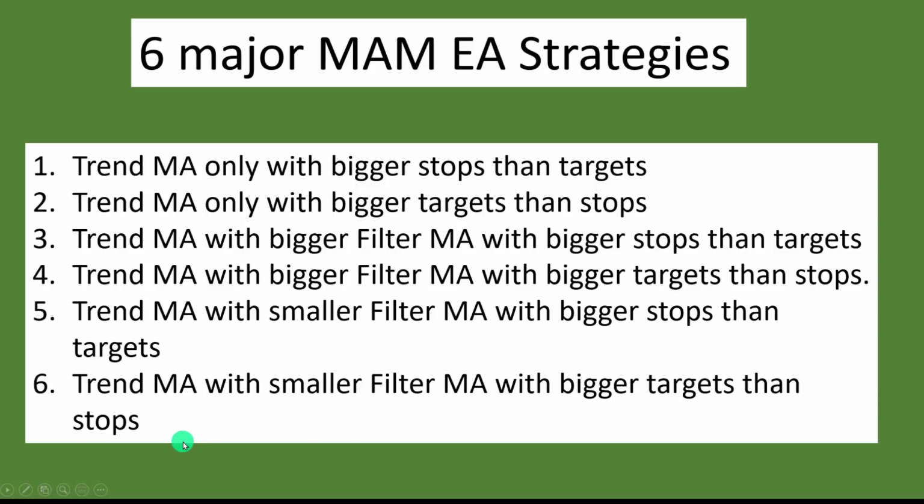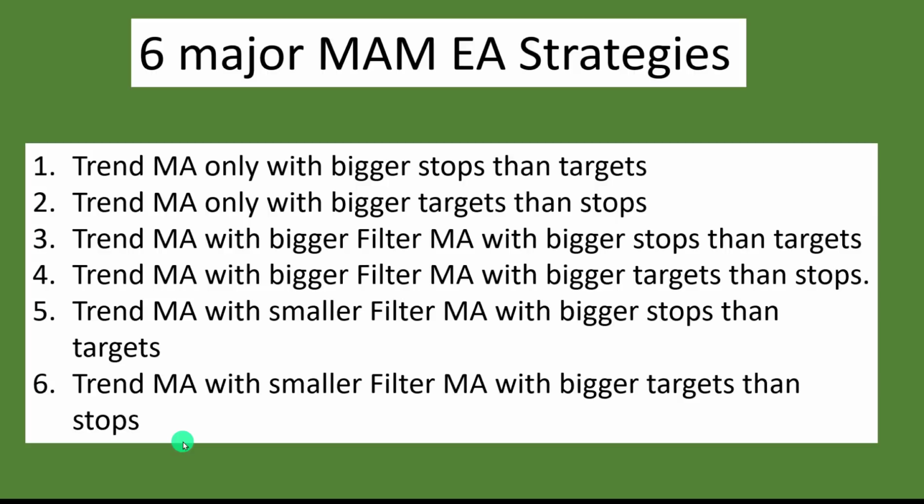So you need to go and think about what you would do. Take a chart, put the MAs on the chart, think about, would it be better to have a big target or a small target, and also would it be better to have a bigger filter MA than a smaller MA, or does the MA filter play a role at all? So think about these.